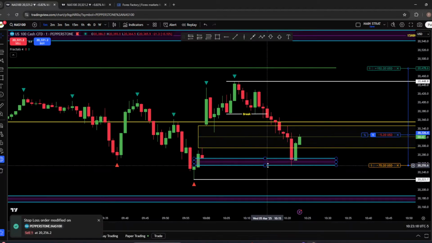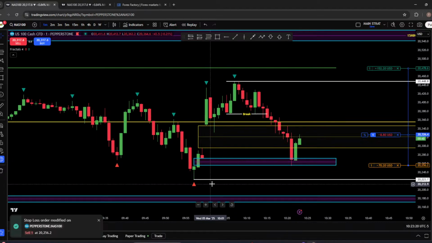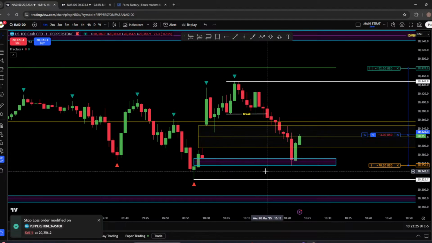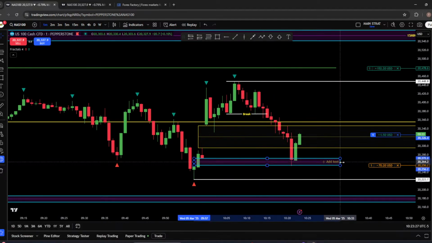At this point, if it comes back down into here, we're definitely going past it. So I'm gonna push my stop loss below that fair value gap.